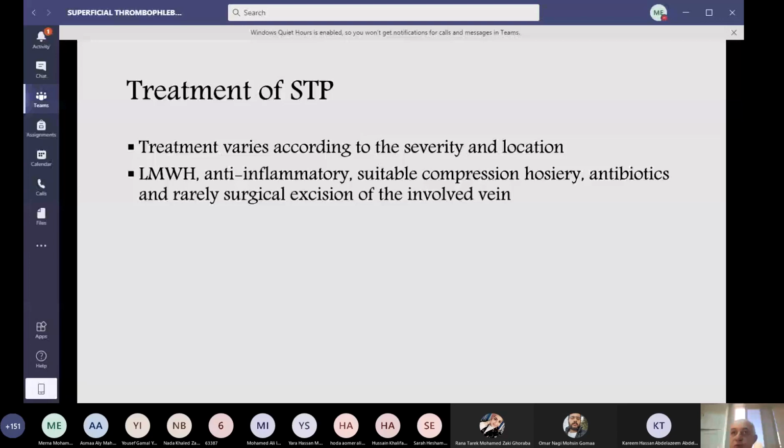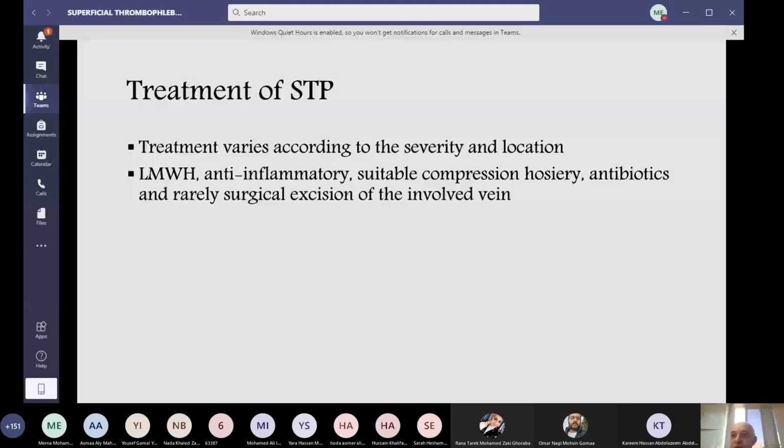Therefore, the treatment should not focus on the superficial thrombophlebitis alone, but should extend to include its cause, because it is of great importance not to miss the presence of silent pathology in the patient. Treatment varies according to the severity and location.